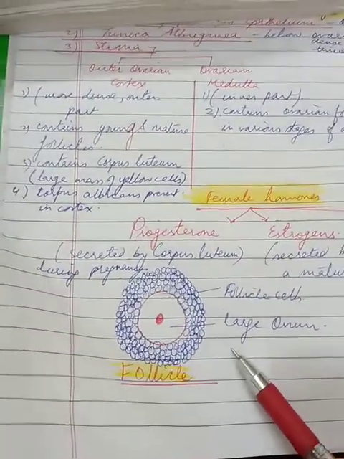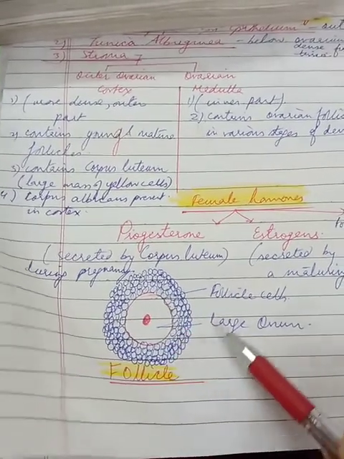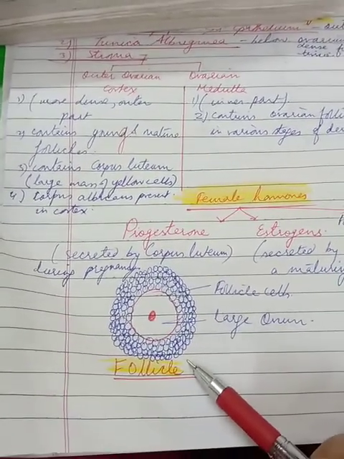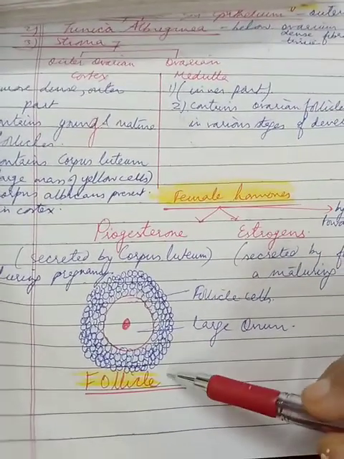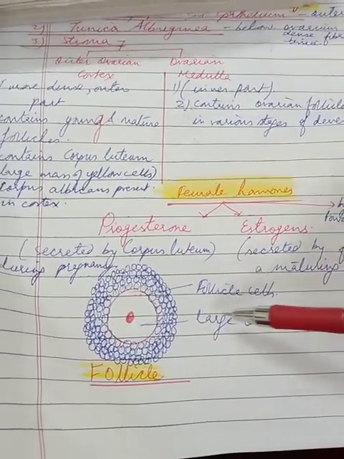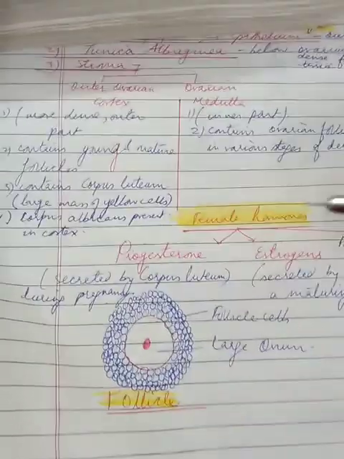Follicle, what is it? When the egg, or the ovum, is surrounded by some layers of follicle cells, the egg is now called a follicle, right? So this is what you have to understand. Every time when you say follicle, it means that the ovum is surrounded by layers of follicle cells.